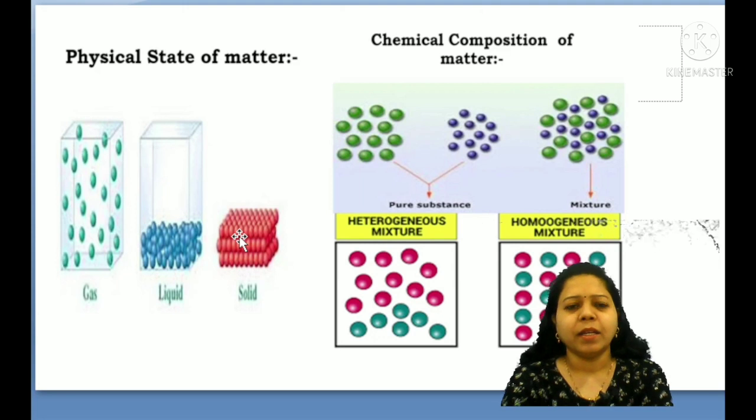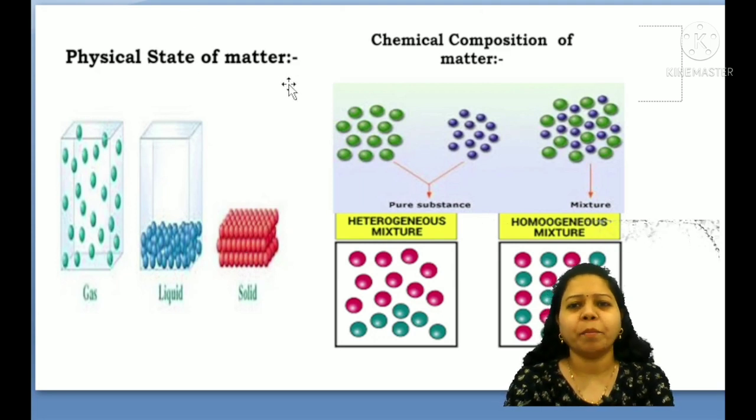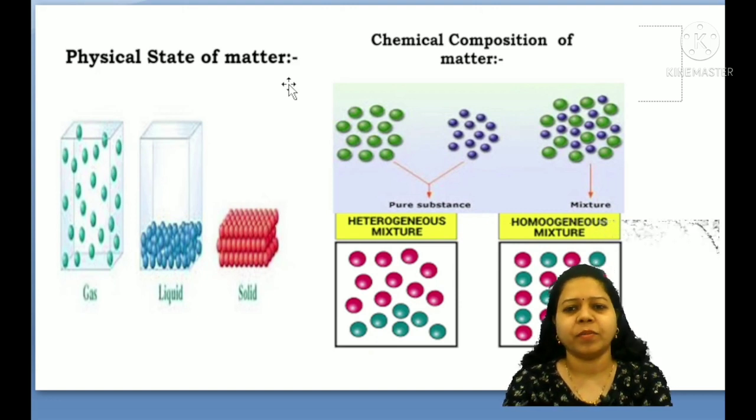First we'll see the physical state of matter. Now we know that matter is mainly divided into 3 states, that is solid, liquid and gases. We observe many things in our surrounding in these 3 forms, that is solid, liquid and gas. According to chemical composition, matter is divided into heterogeneous mixture and homogeneous mixture.